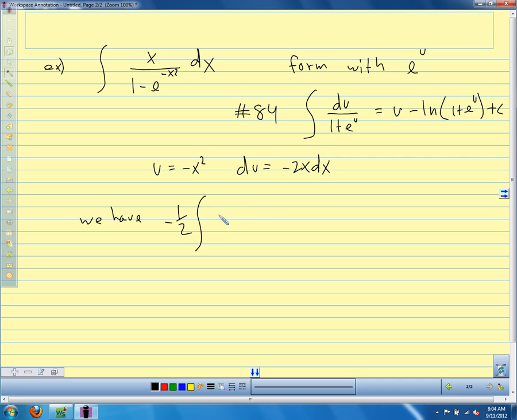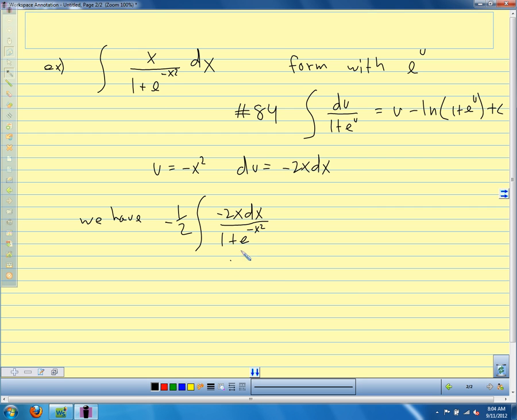The integral of, and I'm going to make my substitution, minus 2x dx, that's my du, over 1 plus e to the minus x squared. The minus 2x dx is my du, and 1 plus e to the minus x squared is 1 plus e to the u. Oh, sorry, this should be a plus here.